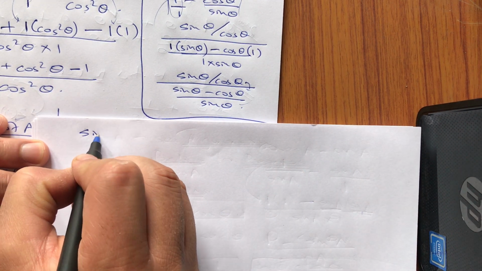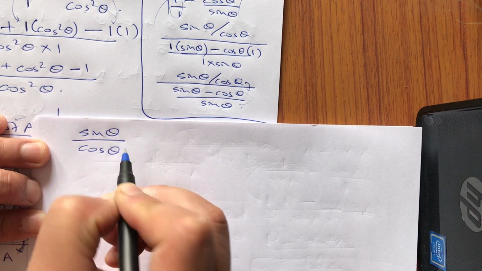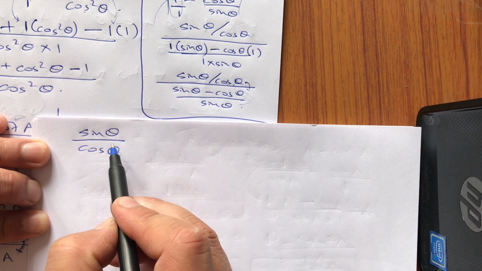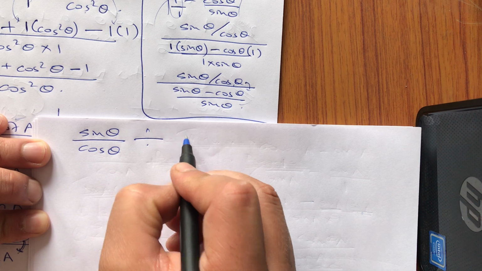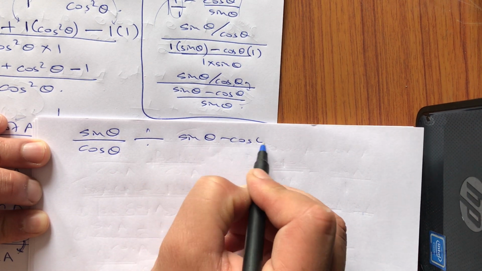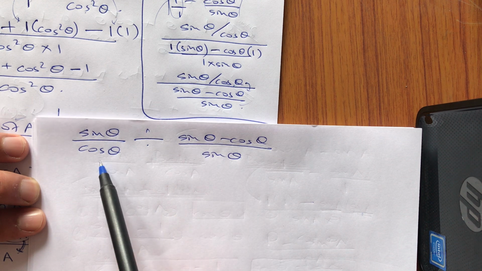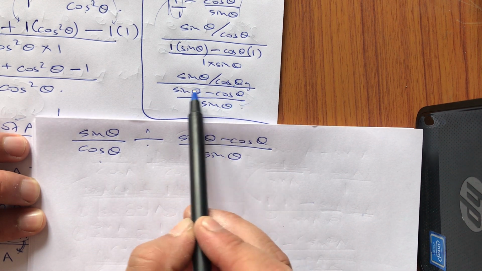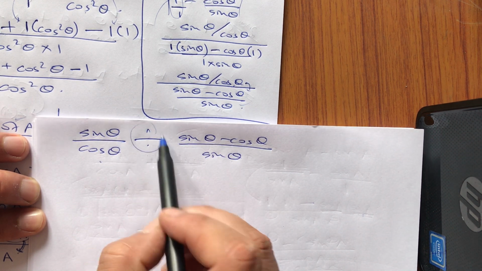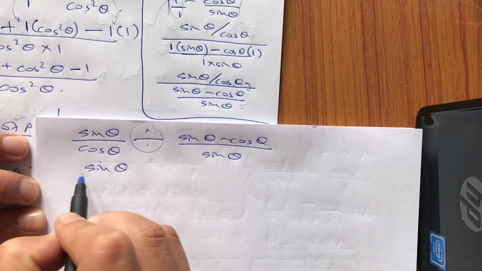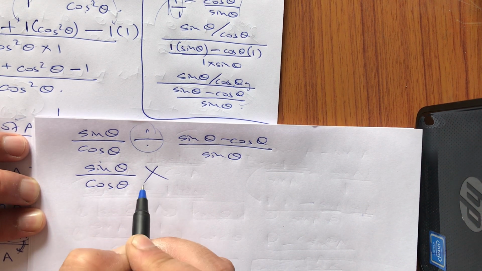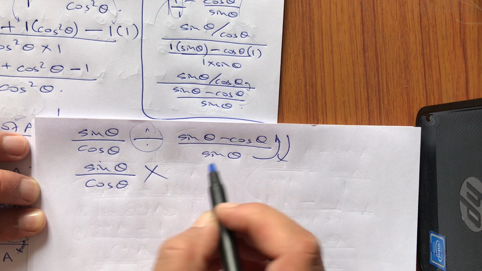Again, what you do is you write sine theta by cos theta, then divided by sine theta minus cos theta divided by sine theta. So we have the numerator being divided by the entire denominator. Then this division, I can change it into a multiplication, but for that the reciprocal happens.